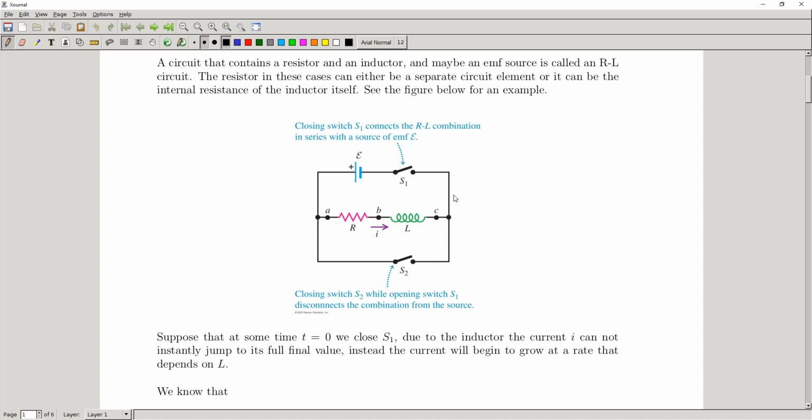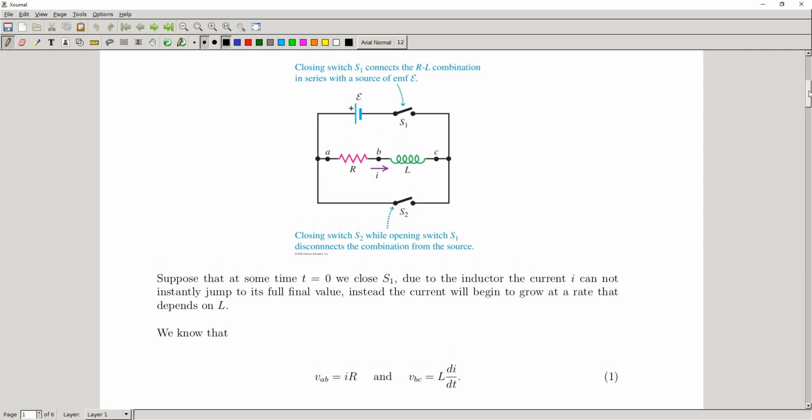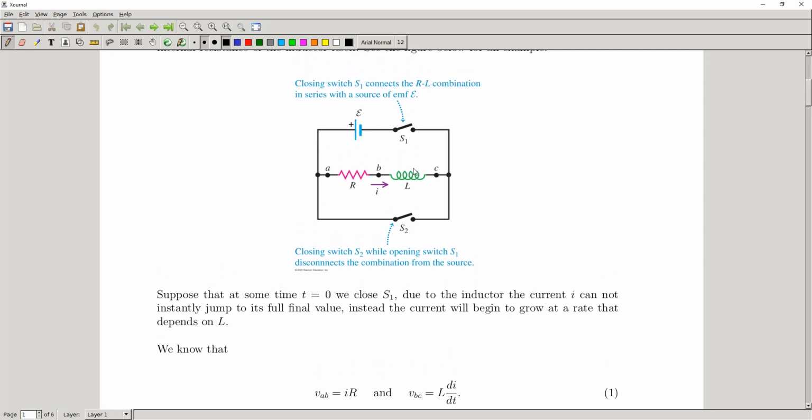With an inductor in there now, we know that the inductor battles against or tries to slow down the change in current, right? So the current's going to take some time now to build up to its maximum value. So when we close the switch, at the moment that this thing closes, we're going to have no current flowing, and then it's going to slowly build up to some value which will be its final current, right?